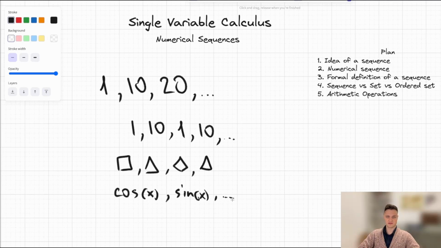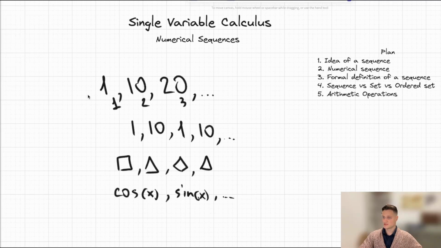This is still a valid sequence. Typically, we use natural numbers 1, 2, 3, and so on to represent positions in the sequence: the first element, the second, the third. But other indexing schemes are also possible, not limited to natural numbers. So this is the idea, or concept, of a sequence.